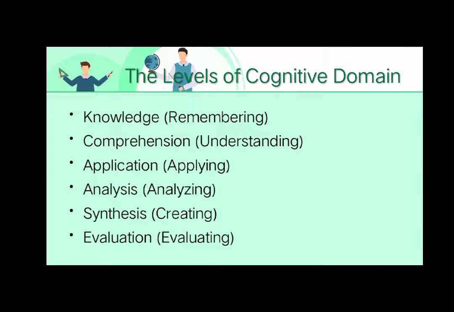The levels of cognitive domain. The cognitive domain, as we all know, is designed from lower order thinking skills to higher order thinking skills, in order to develop the mental skills and the acquisition of knowledge of an individual.